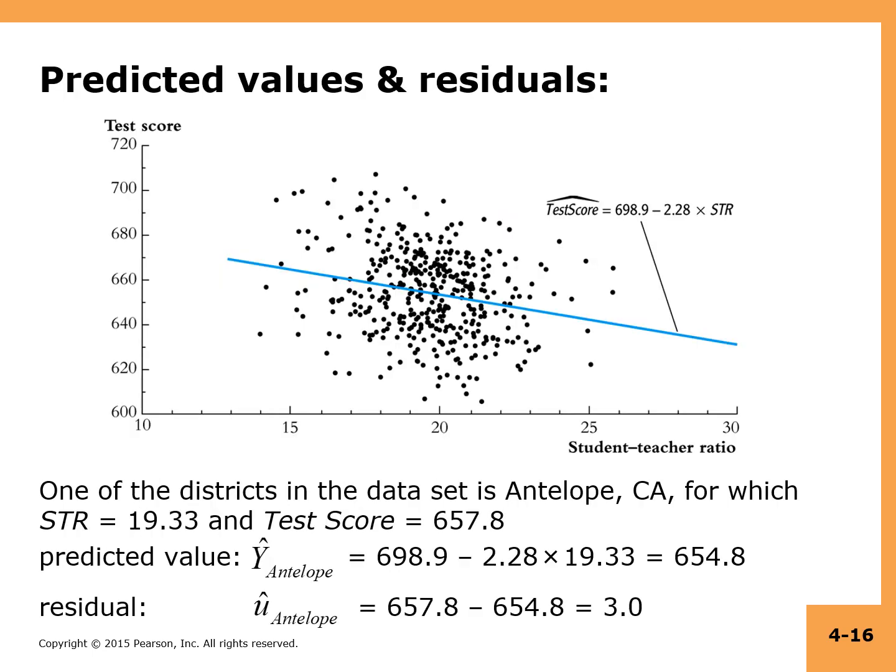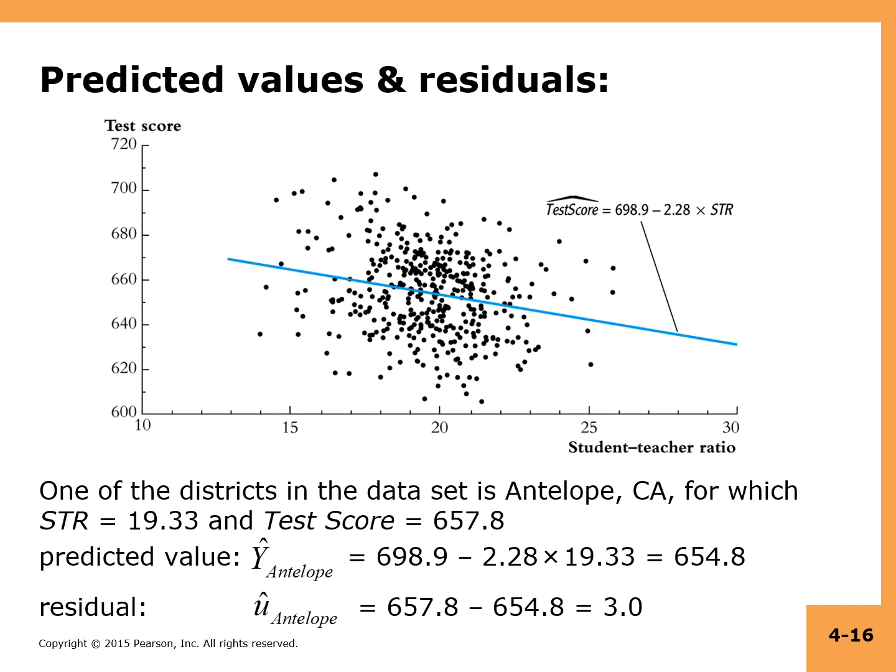Let's talk about prediction. Given some sample regression line, now we can predict what would be the predicted test scores given a particular student-teacher ratio. So let's say one of the districts in the data set is from Antelope, California, and that school district has a student-teacher ratio of 19.33.